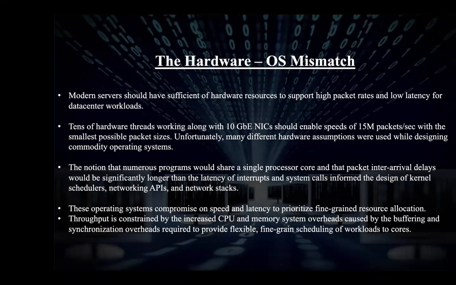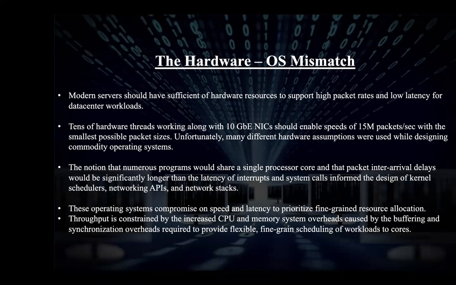Unfortunately, many different hardware assumptions were used while designing commodity operating systems. The notion that numerous programs would share a single processor core and that packet interarrival delays would be significantly longer than the latency of interrupts and system calls informed the design of kernel schedulers, networking APIs, and network stacks.